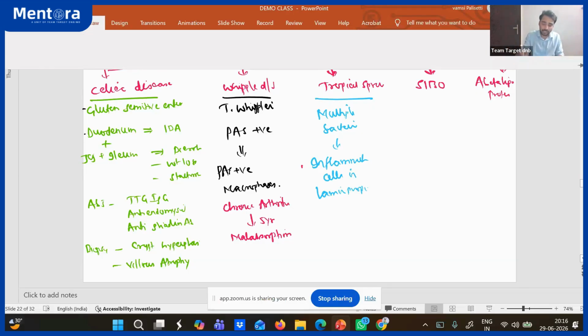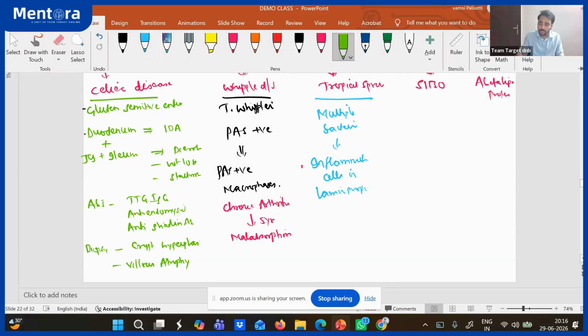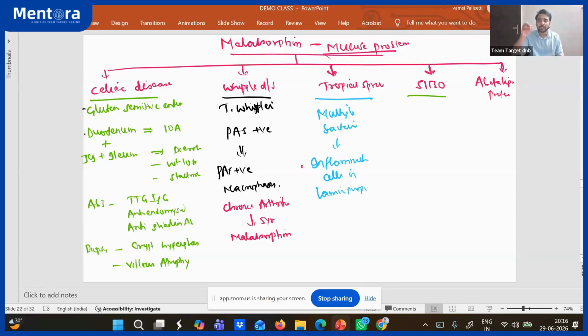Then comes SIBO. Very important here, SIBO. So what is SIBO? Small intestinal bacterial overgrowth. In the small intestine, so many bacteria are overgrown. Because of this bacterial overgrowth, they cause malabsorption because they are damaging the mucosa and they are also consuming whatever food you are taking.